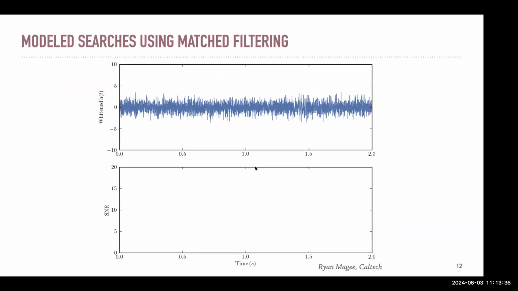I really like this visualization from Ryan McGee at Caltech on the modeled searches and how they work. You can see a noisy data stream here. If you've got a good eye, you might be able to already spot the gravitational wave signal. No worries if not.